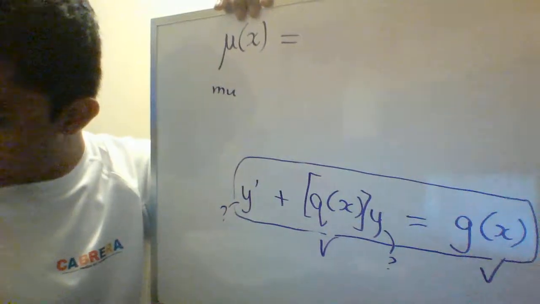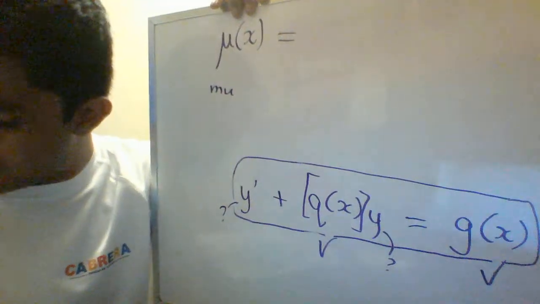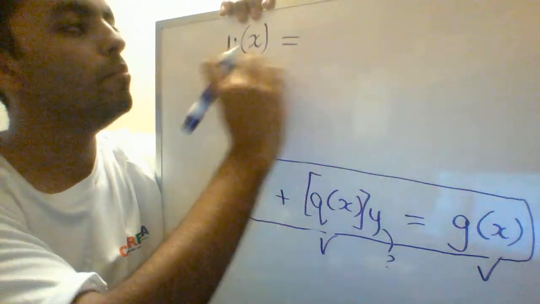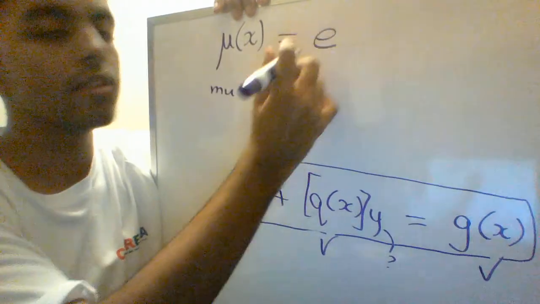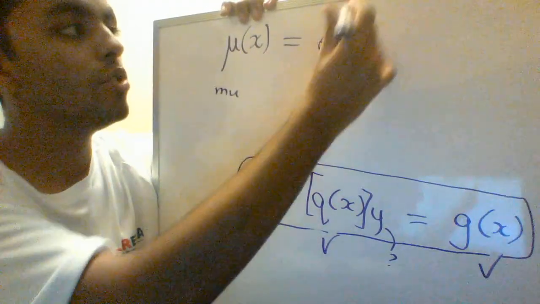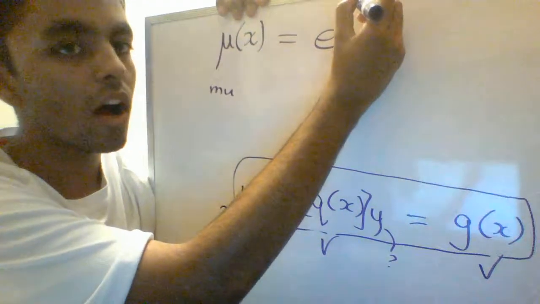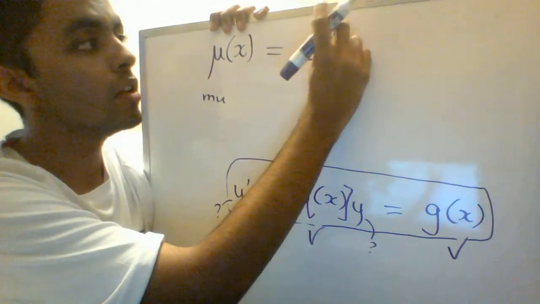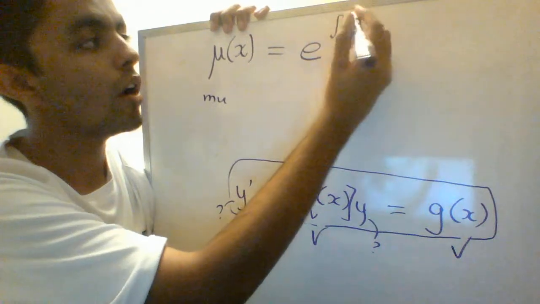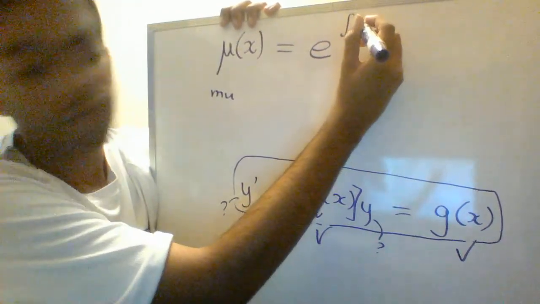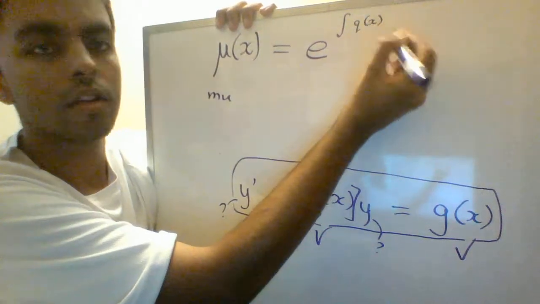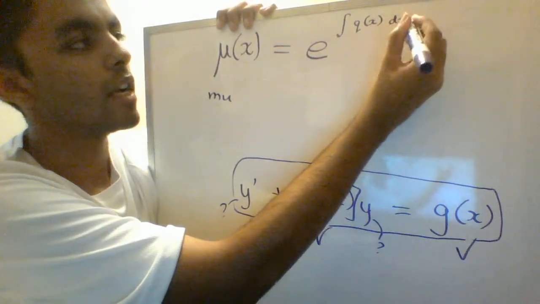Mu of x: the derivation is not important, but then the answer kind of looks like it comes out of nowhere without any explanation. But mu of x is e, Euler's number, to the exponent of the integral of little q of x dx.